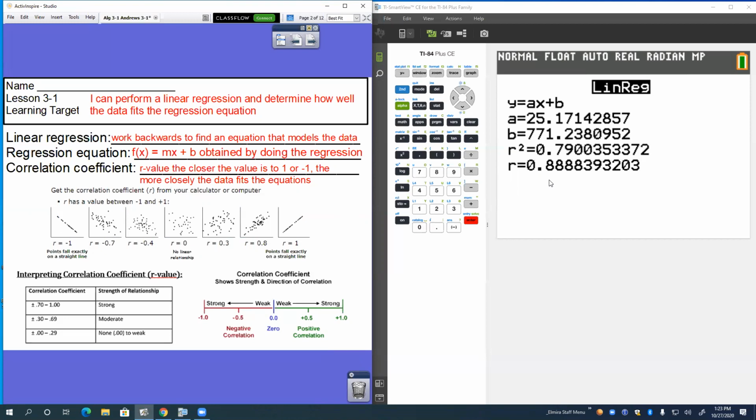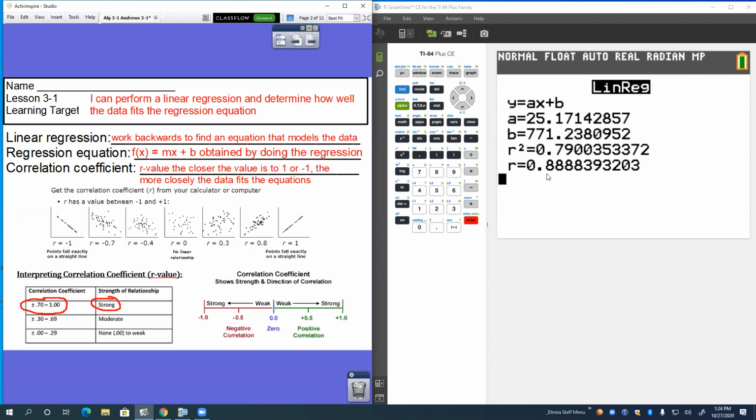On your quiz later on this week, they're going to ask you to round to the nearest thousandth. So that would be 0.889. All right, either way, that falls within this range, 0.7 to 1. So it is a strong correlation. And because this is a positive number, it would be a strong positive correlation.